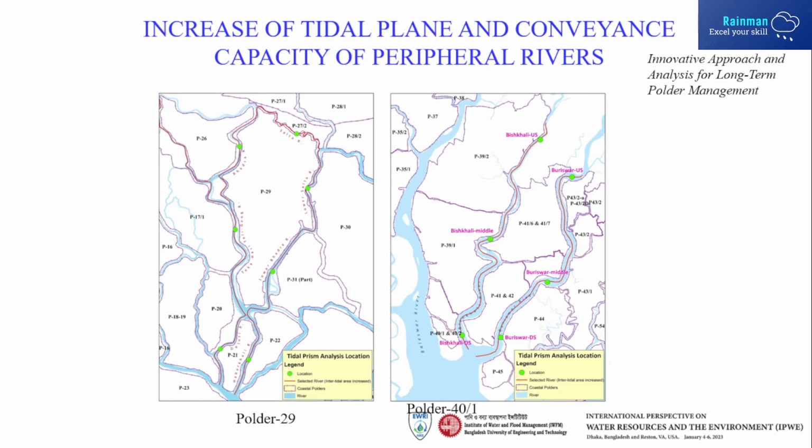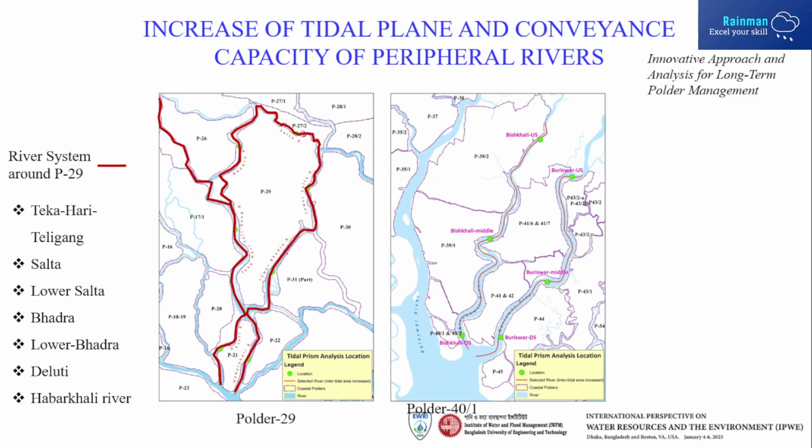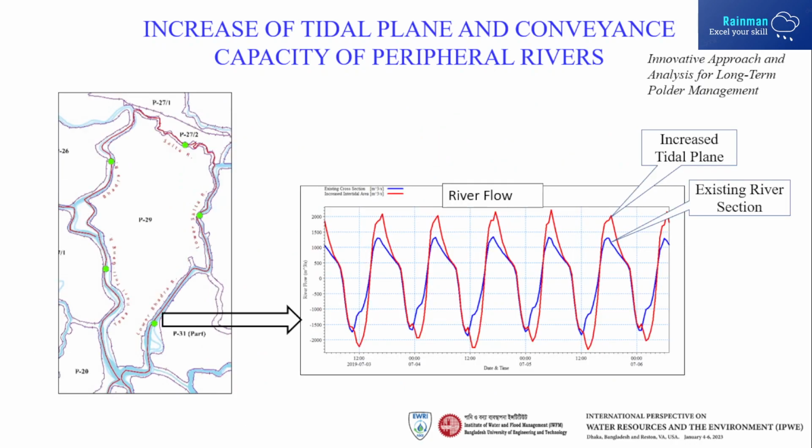The river system of Polder 29 is Tekahori, Teligang, Salka, Lower Bhadra, Daluti, and Habarkhali Khal. And for 40/1, the river systems are Bishkhali and Burishwar River.